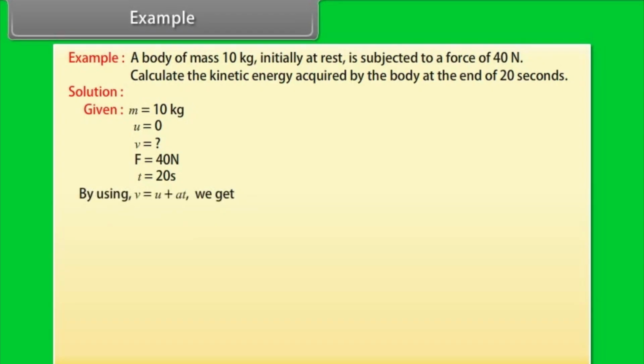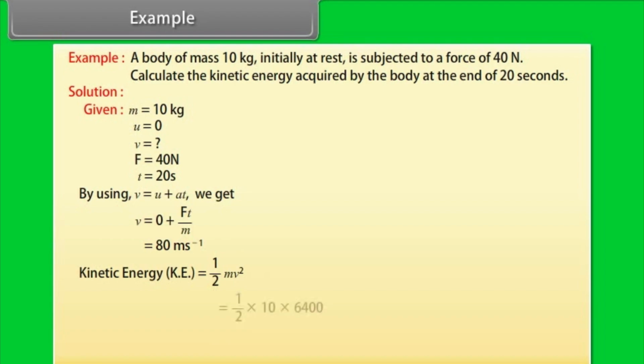By using v is equal to u plus at, we get v is equal to 80 meter per second. Kinetic energy is equal to half m v square. On calculating, we get kinetic energy is equal to 32,000 joules.